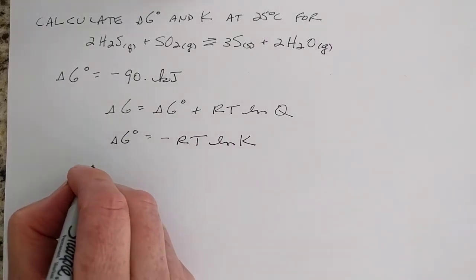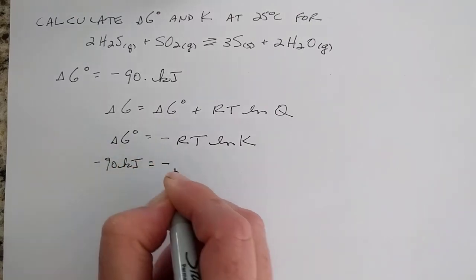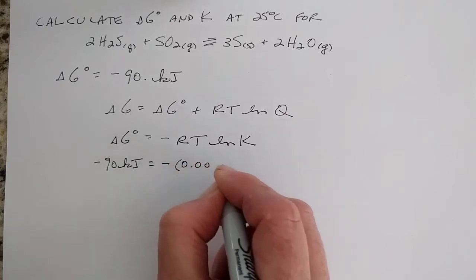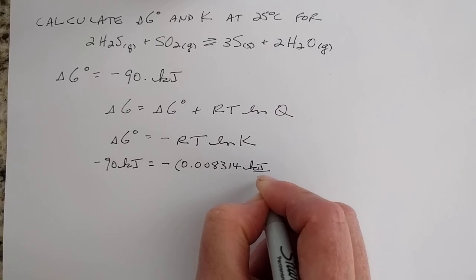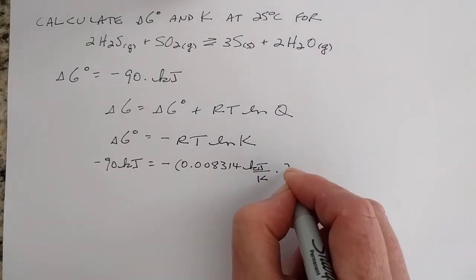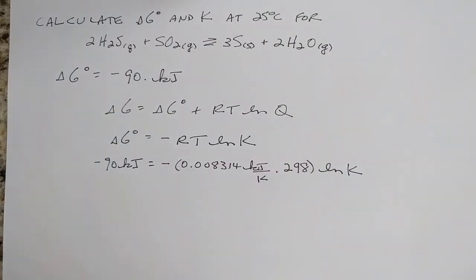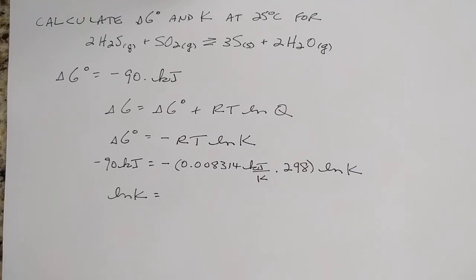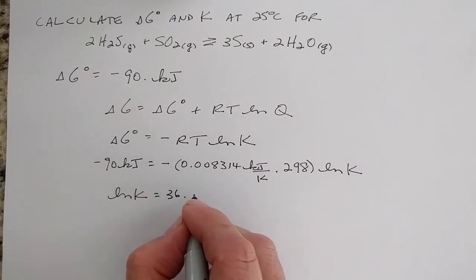So our delta G, negative 90 kilojoules equals negative R again, make sure you put that in kilojoules, 0.008314 kilojoules per Kelvin times our temperature, 298 times the ln of K. So first I'm going to solve for the ln of K. And when I did that, I got 36.32.